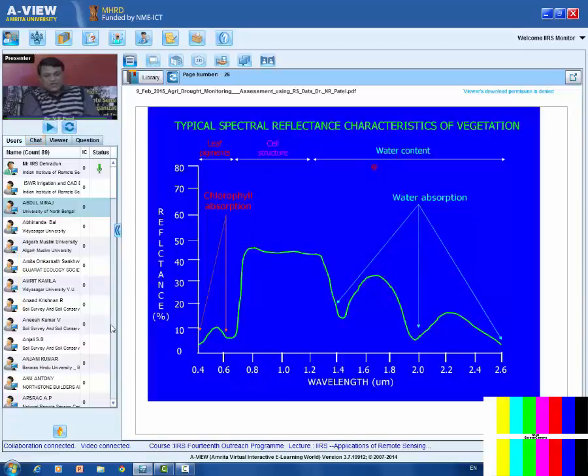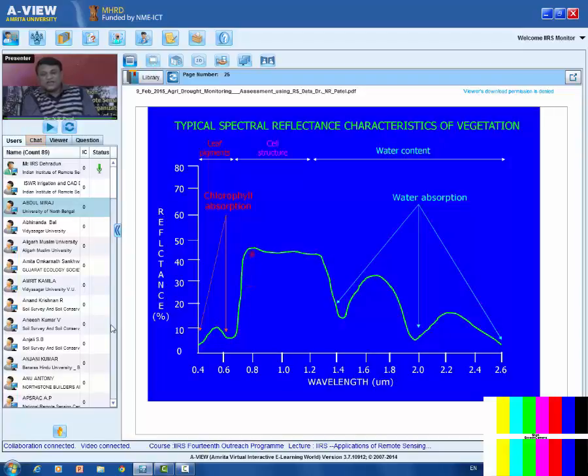Typically, remote sensing is useful based on the interaction of electromagnetic radiation with different features, particularly crop, soil moisture and different parameters. With respect to agricultural crop, this is the typical reflectance characteristic of vegetation. How does vegetation behave? In the visible region, because of chlorophyll pigmentation inside the leaves, there is a strong absorption of these wavelengths.